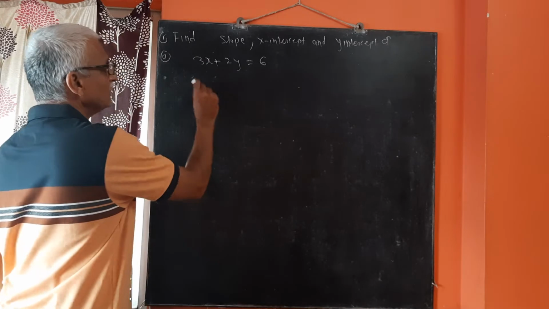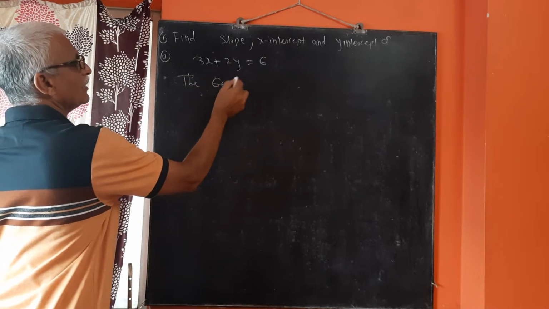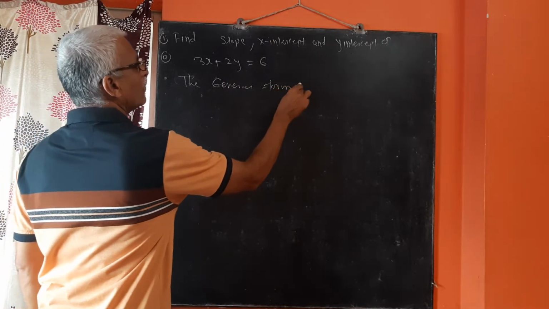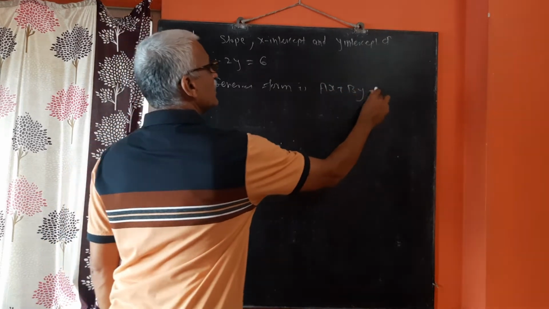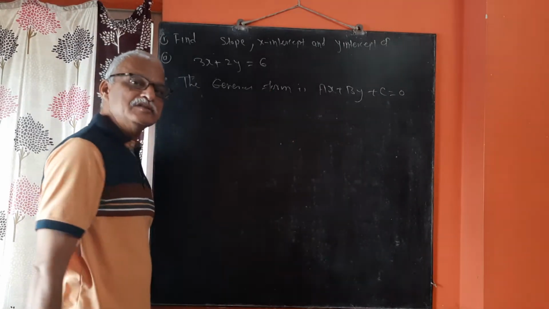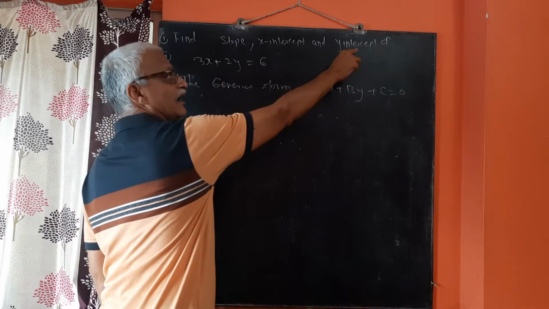What is our general form? I write here. The general form is ax plus by plus c equals to 0. Now in general form we have to determine the slope, x-intercept and y-intercept.